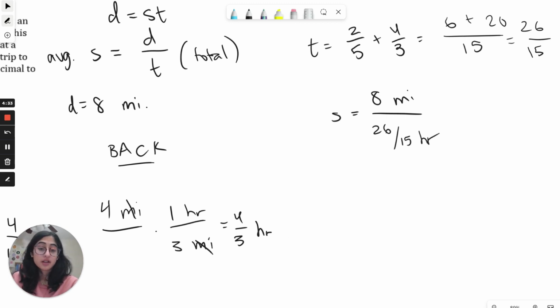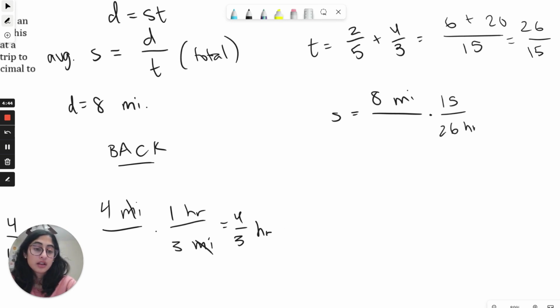So again, instead of dividing by this fraction, I want to multiply by the reciprocal. So we're going to get 8 times 15/26 hours. And so 8 divided by 26 is the same thing as 4/13. So we're left with 60/13 miles per hour.